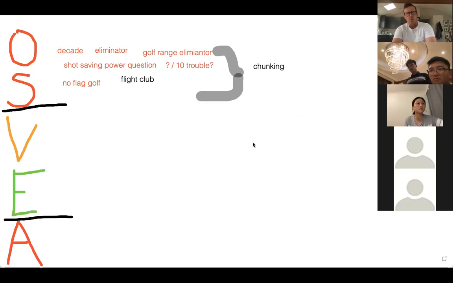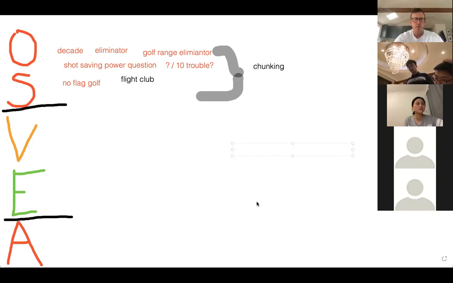Then ultimately what we're trying to do, and David, this might be linked to what you were doing with your initial coaching, is move from chunking to automation. So component number one, the first two steps of Ossphere, we're trying to create the chunking process.